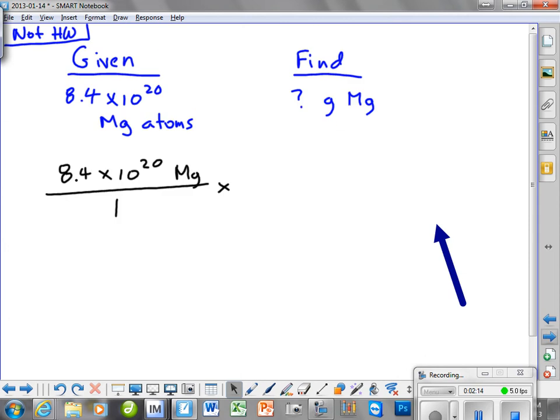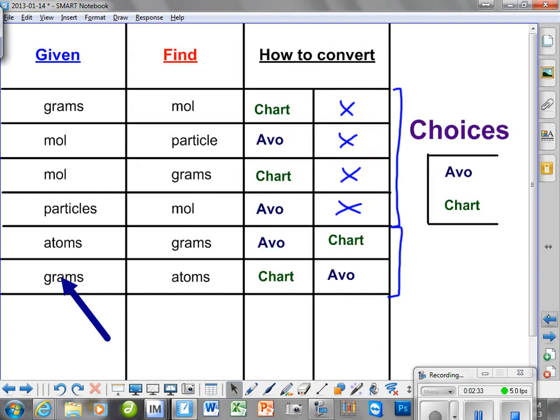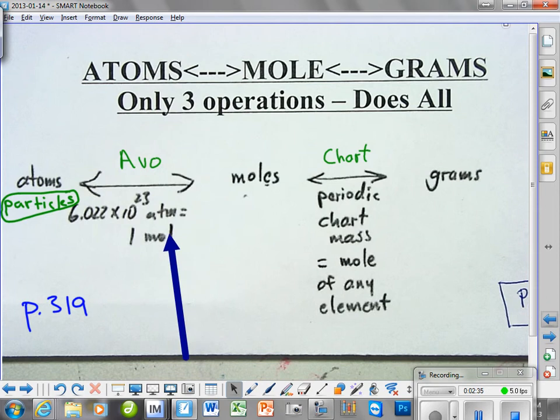So we're just going to go right to the next step by going here, and we're going to have magnesium atoms, and the 6.02 times 10 to the 23rd, and on the top is the other side of that equality, which we see here is 1 mole.